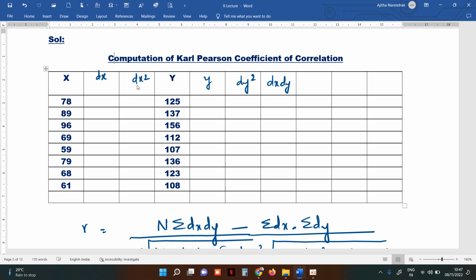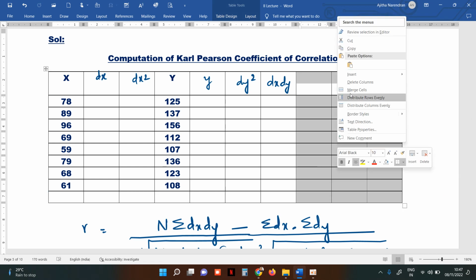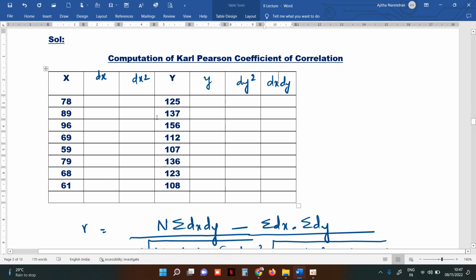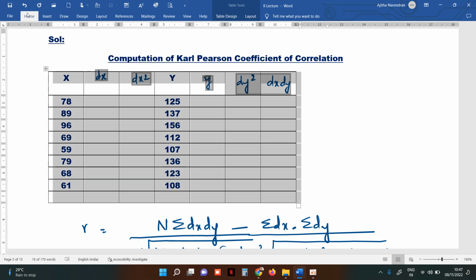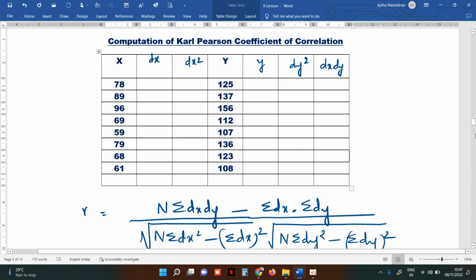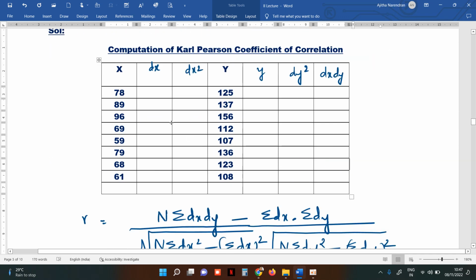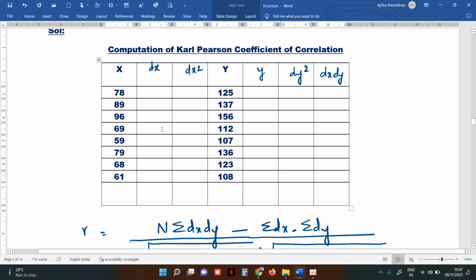So these extra columns are not required. I've drawn more columns. I'll remove them so that there is no confusion, right? We'll delete these columns. Total we are going to write here. So I have just made that cell a little bigger.